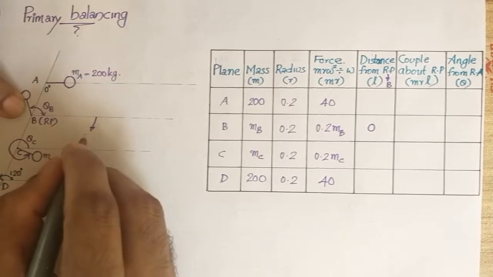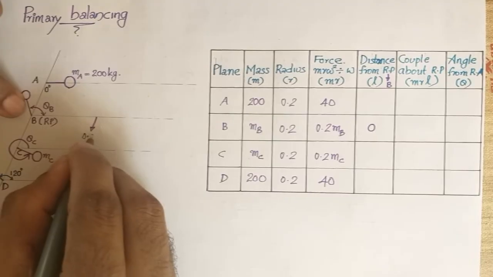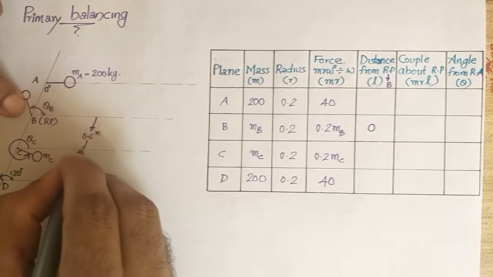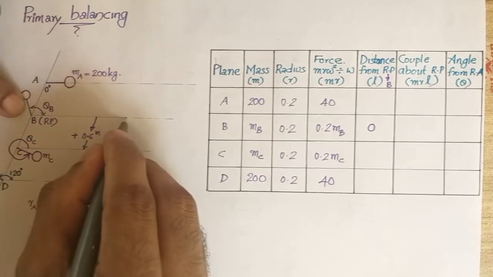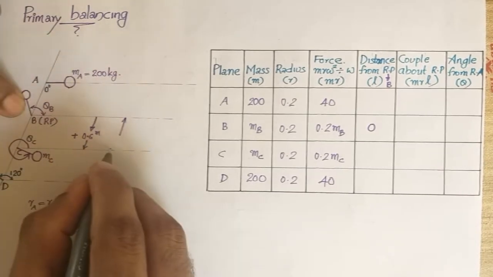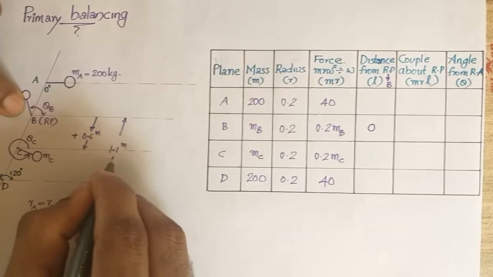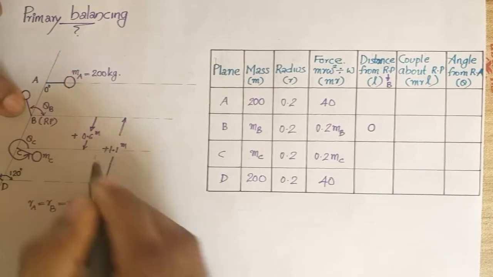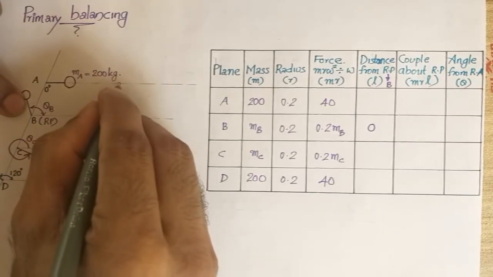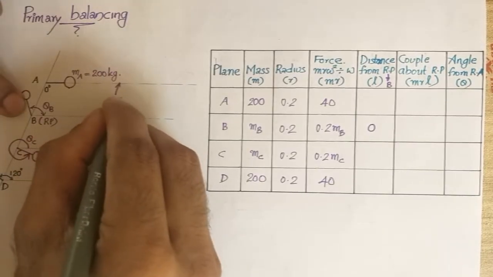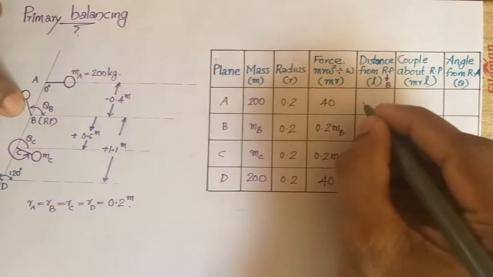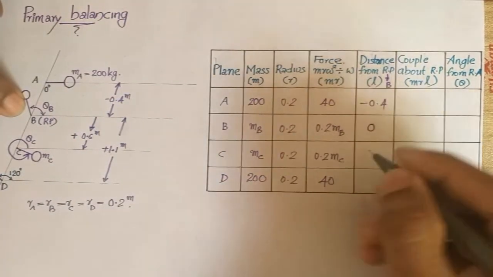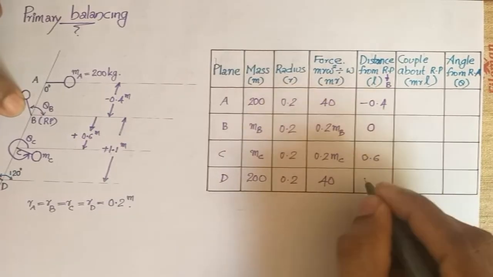From B to C it is 0.6 meter, which is positive, and from the reference plane B to D it is 0.6 plus 0.5, which is 1.1 meter, also positive. But the distance with respect to A will be minus 0.4 as it is on the other side. So we fill in minus 0.4, 0.6 and 1.1.